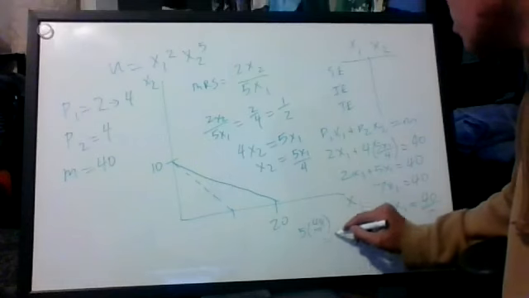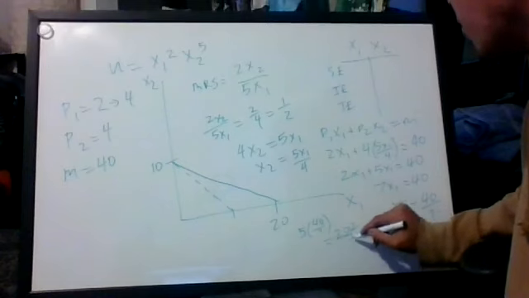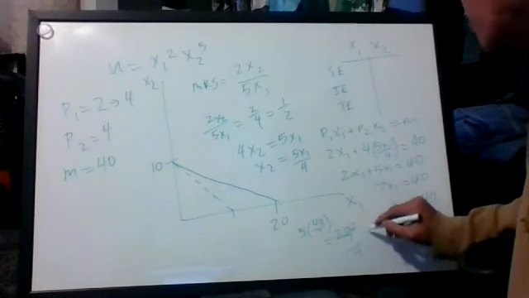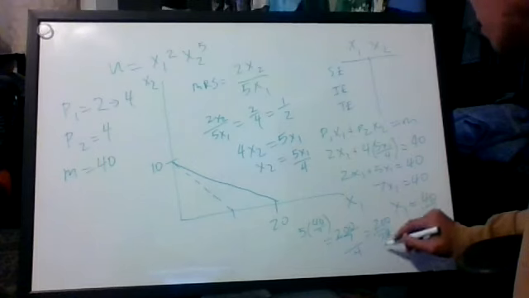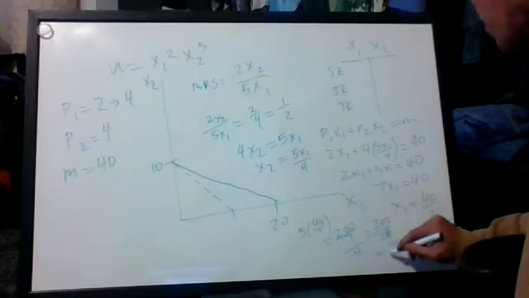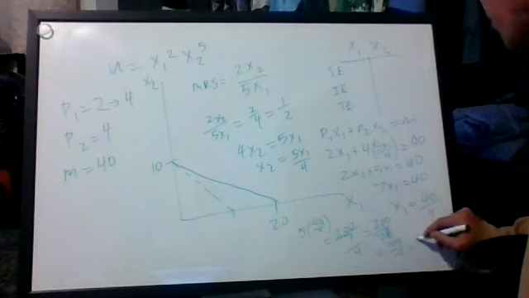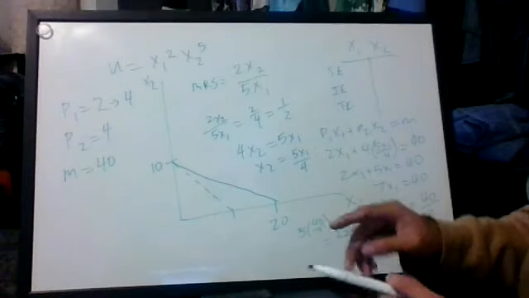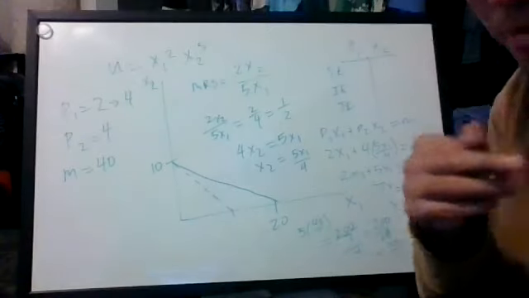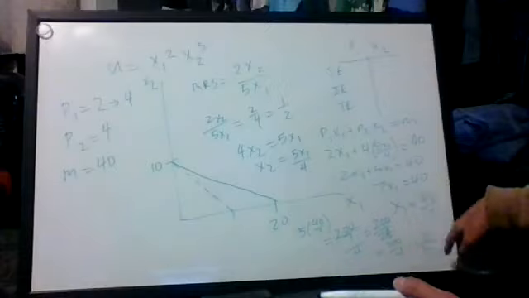So 200 over 7 divided by 4, right, is going to be 200 divided by 28, 100 over 14, so 50 over 7, right? And I'm going through these calculations pretty quickly, but I'm basically just solving for x2 now.